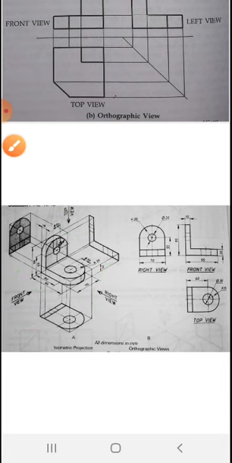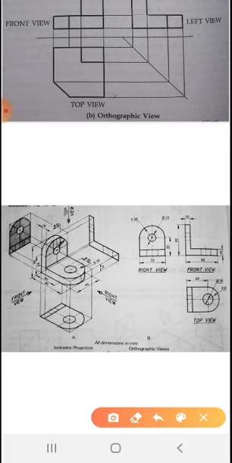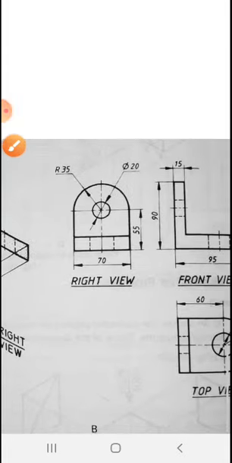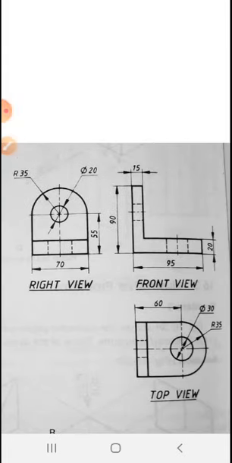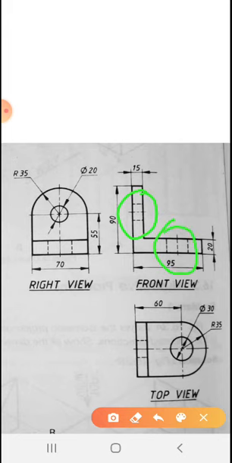If the observer wants to see the bracket projected in the direction of the front view, it will be projected as an L shape. Here you can observe in the front view the hole diameter 20 and the diameter 30 are invisible.